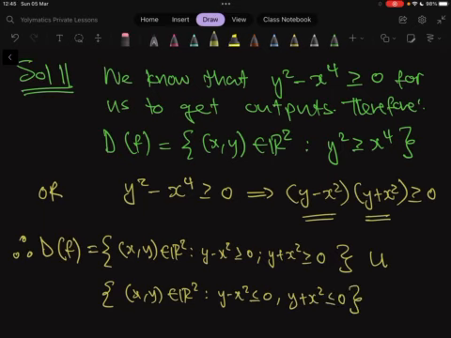So this is another way of writing the same thing, because for these two factors to give a non-negative product, both have to have the same sign at the same time.